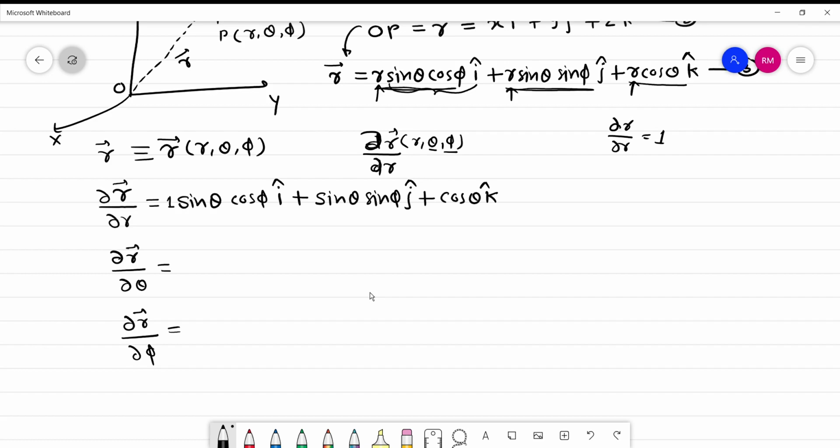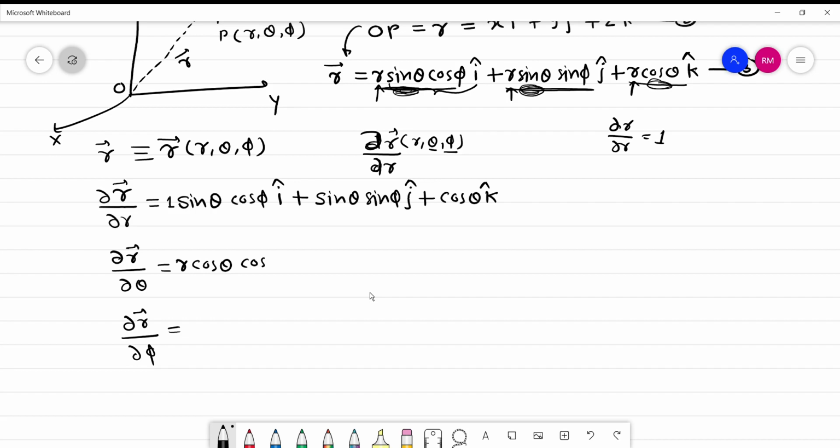This is r. Okay. So second, I want to take the derivative of r bar with respect to theta. So you can see this term contains sine theta here. Then here is a sine theta, and here is a cos theta. So each term contains theta somewhere. So I will treat r as a constant. Then the derivative of sine theta is cos theta.